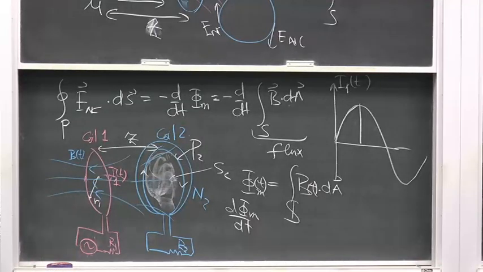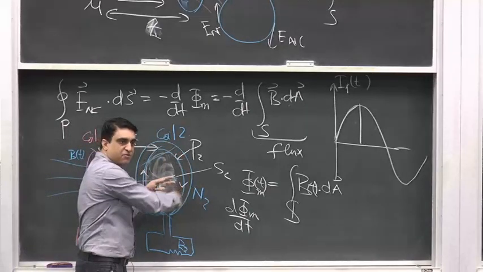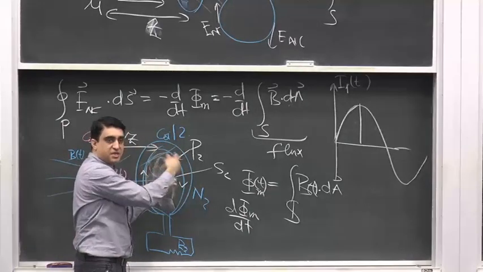You have two wires now which are feeling this changing flux, and you would have an induced EMF in each of those coils.